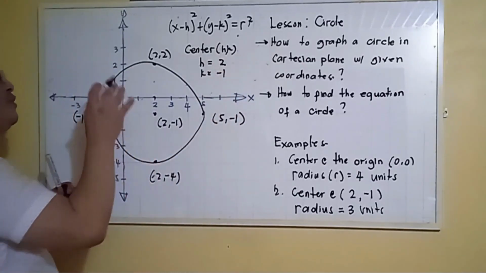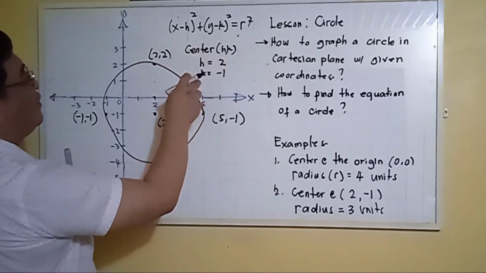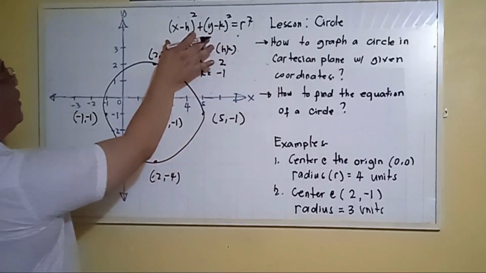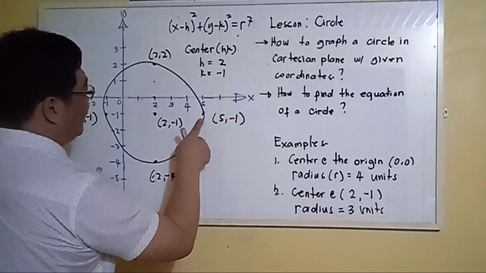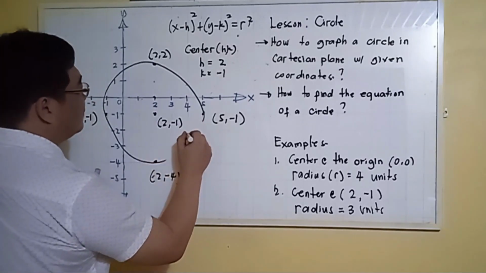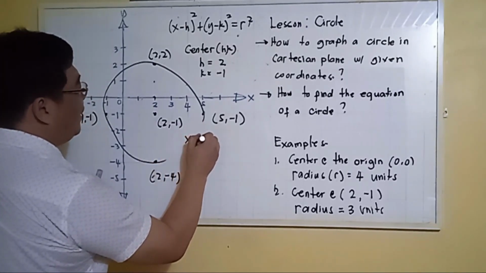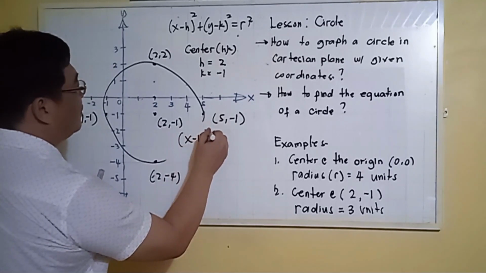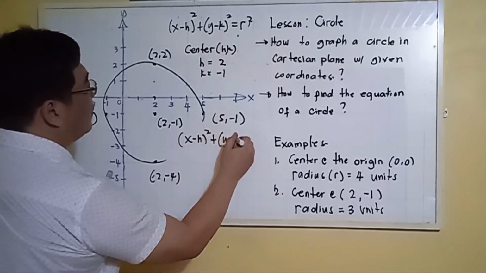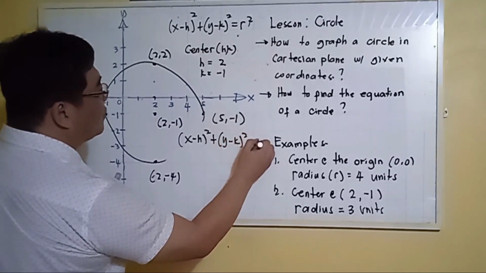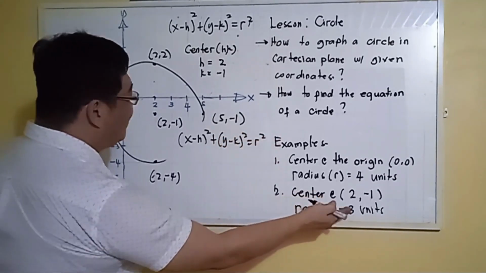So it's time to substitute the value of hk and the radius dito sa equation of the circle in standard form. So i-write ko na lang ulit. (x − h)² + (y − k)² = r². And then we substitute.